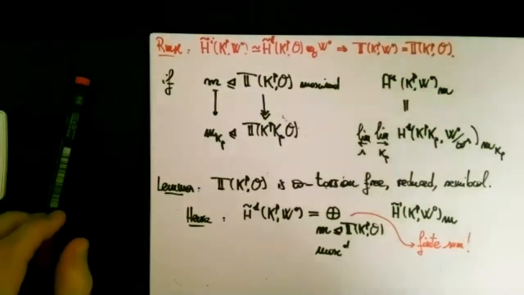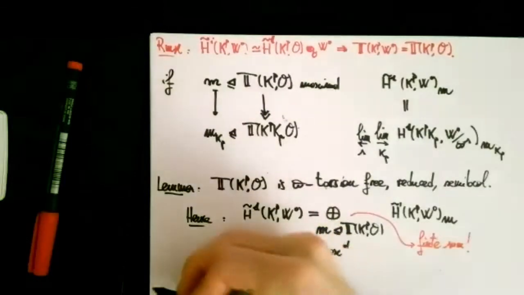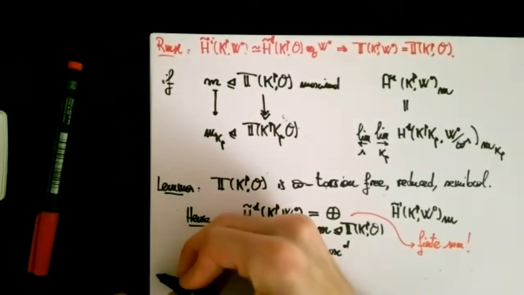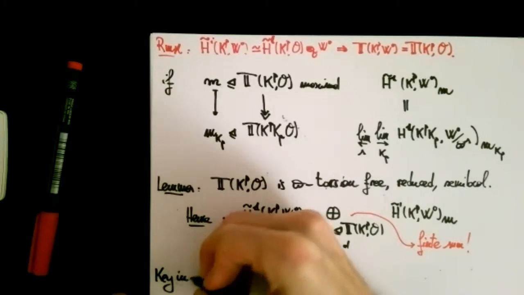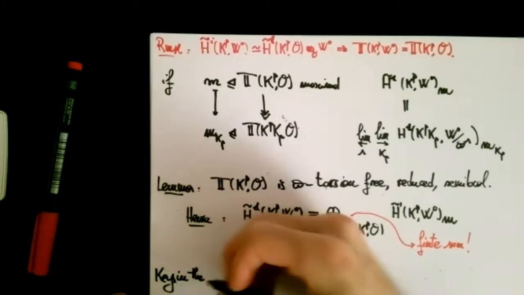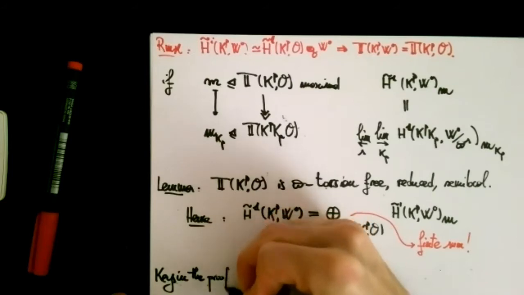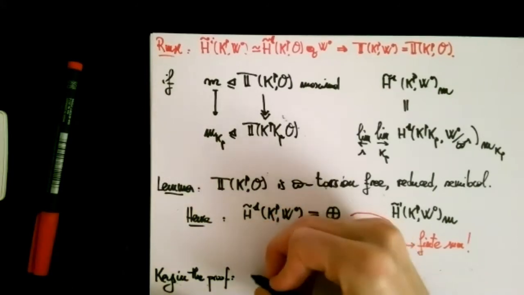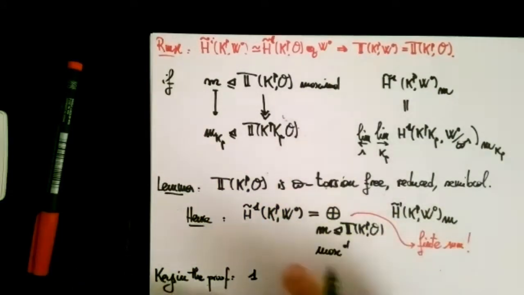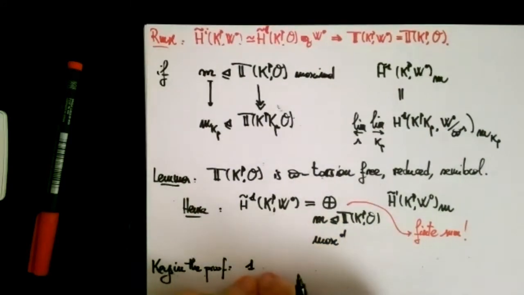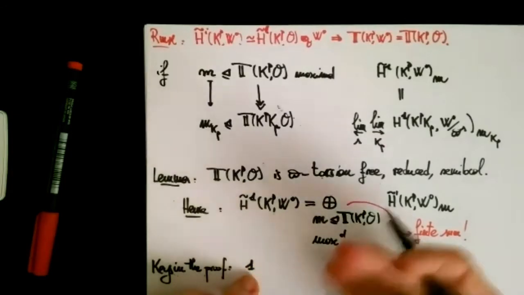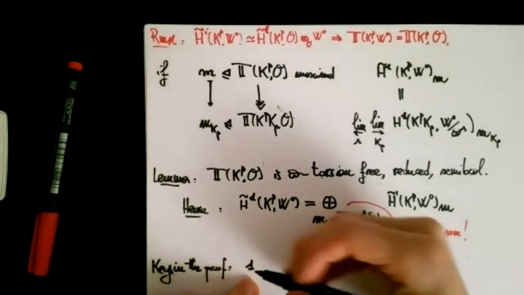Okay, so what is the key point in the proof? Well, first of all, all maximal ideals of this Hecke algebra are ideals which contain P. And so I can just reduce the statement to finite level.